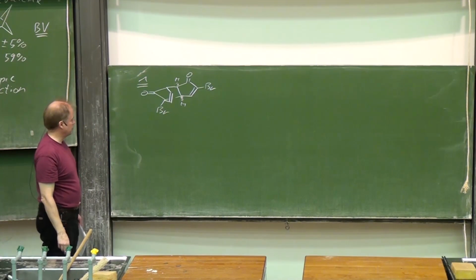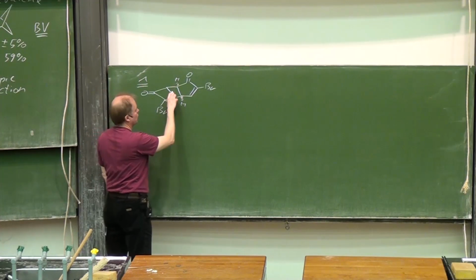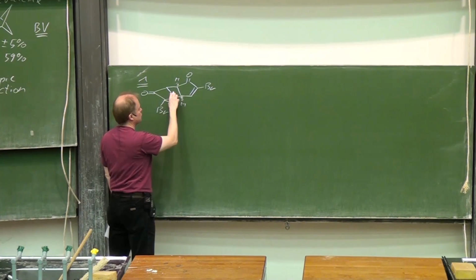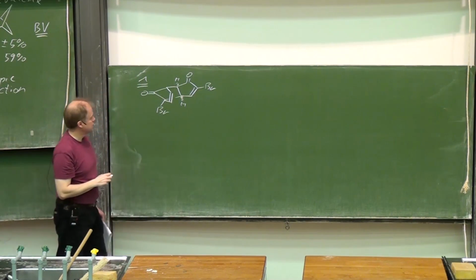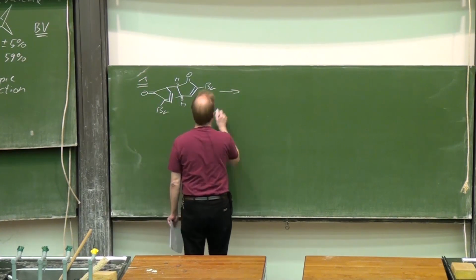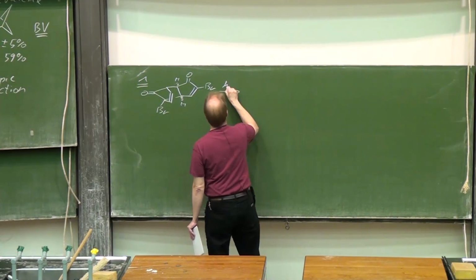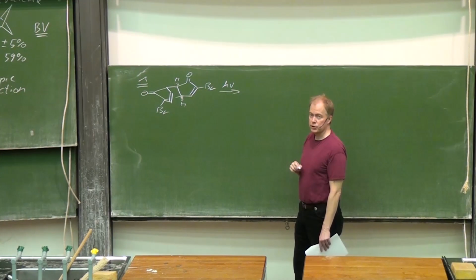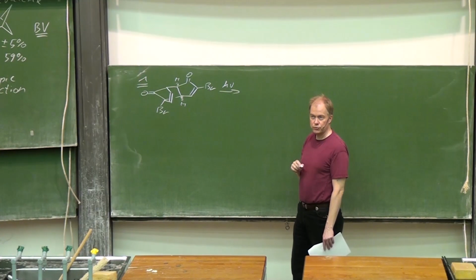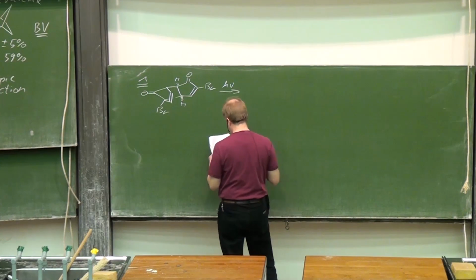Then we notice that this double bond is in close proximity to that one. And therefore, a photochemical 2+2 cycloaddition reaction has been tried. It is successful.